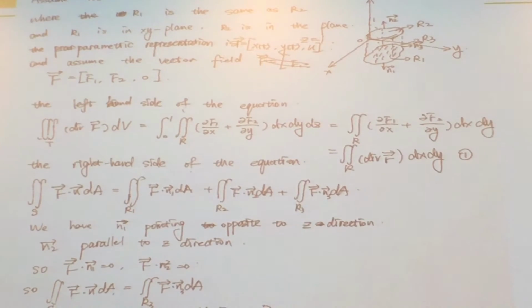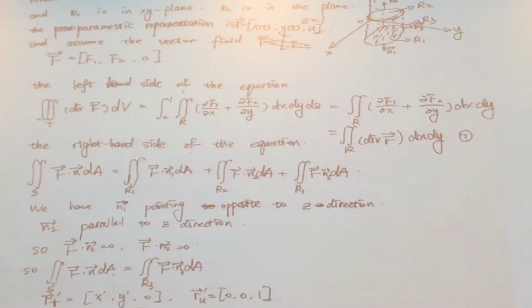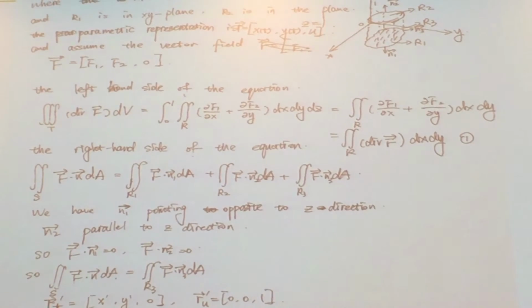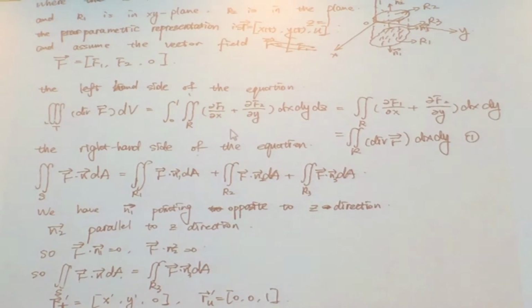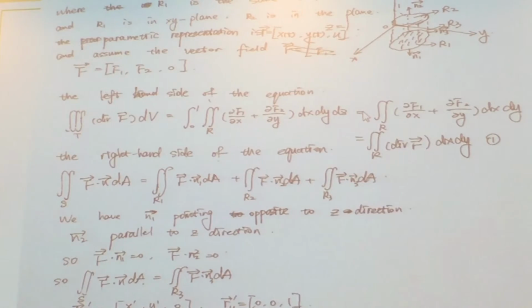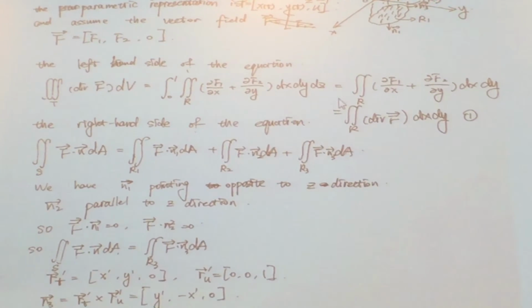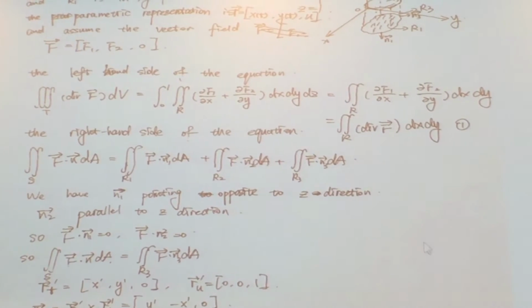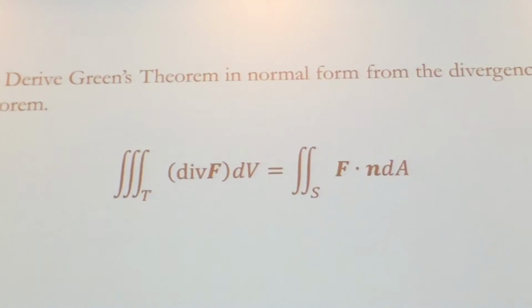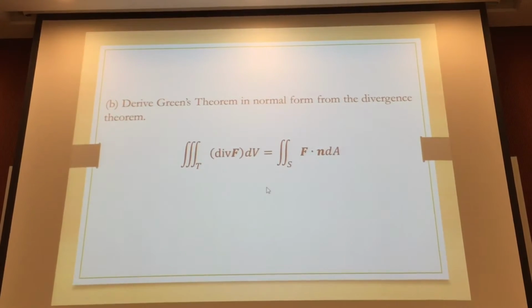And dV is equal to dx dy dz. Because z is from 0 to 1, we can calculate the triple integral as a double integral, and z is just 1.